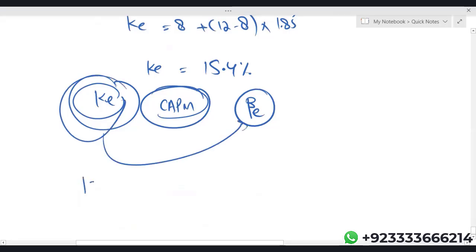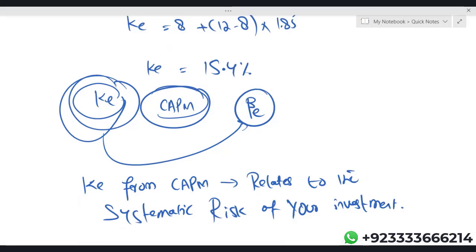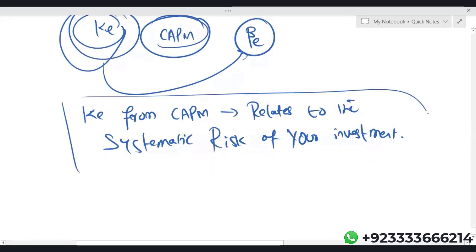So we can say that KE from CAPM actually relates to the systematic risk of your investment. So logically, the KE which we are getting from CAPM depends on the systematic risk of your investment. If it is higher, KE will be higher. If it is lower, KE will be lower. If your systematic risk is 0, KE will be equal to RF. So never forget this interpretation.